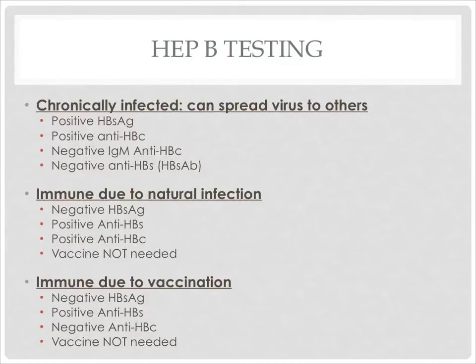So the major difference here between folks who have had natural immunity versus immunity through vaccination is going to be this antibody here to the core. All right? So it's going to be positive in folks who have had a natural infection, and it's going to be negative in those who had vaccination against Hep B.